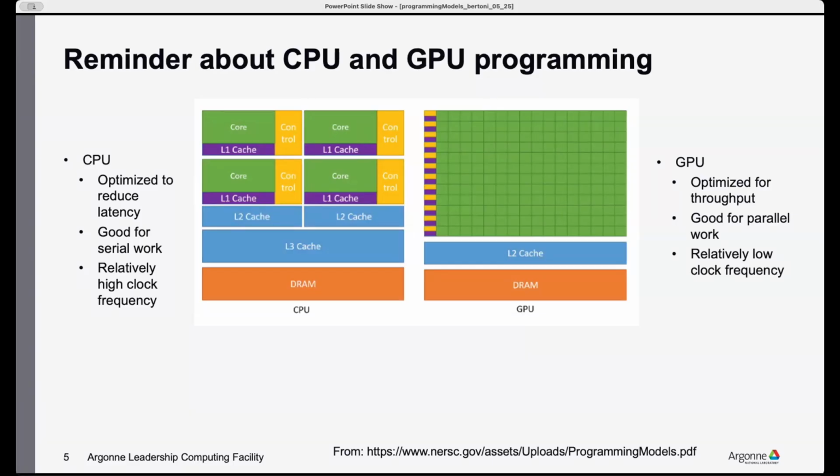It's like the CPU is a fast sports car versus the GPU is like a bus. So again, keeping in mind the differences is helpful in how you want to structure your code, which parts would be better with serial, very fast branch prediction versus parallelization.